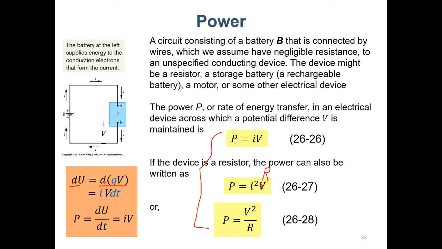We know that dQ equals I dt, assuming the current to be constant because Q equals It. So we have I V dt, and moving dt to the left side, P is dU over dt, which is IV.